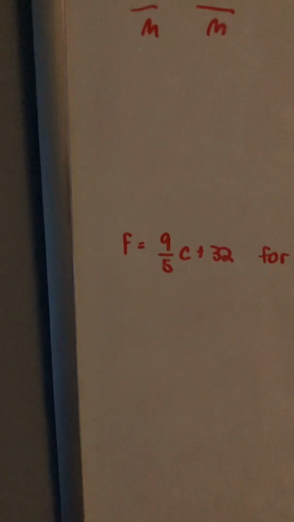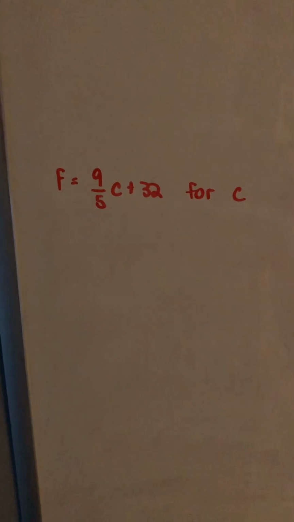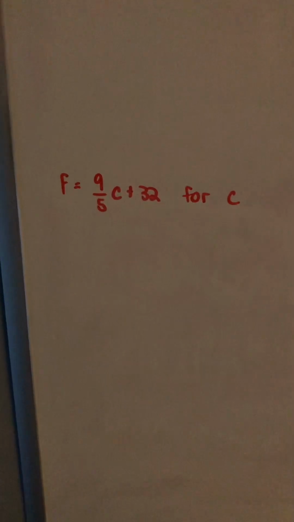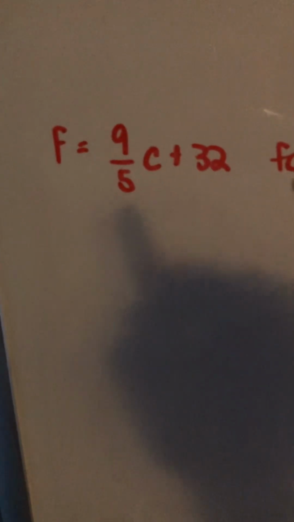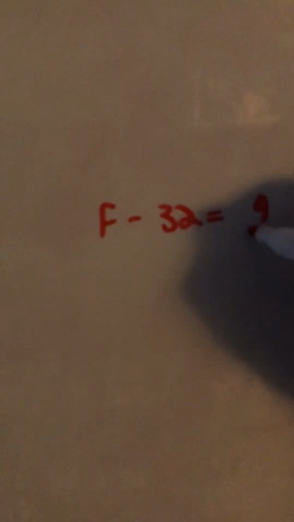Alright, how about this one? F is equal to 9 over 5c plus 32, solve for c. What am I going to do here first? I want to work my way towards 9 over 5c, ultimately for c. So first I'm going to subtract 32 from each side. Alright, so F minus 32 is equal to 9 over 5c. Notice there's a fraction, 9 over 5, in front of the c.